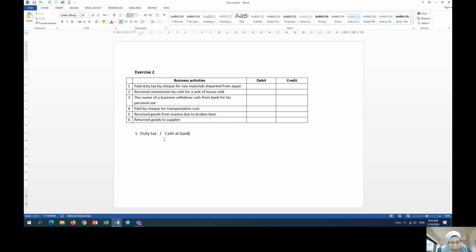When you make this payment of duty tax, your expenses increase, and since you have made the payment via check, your money in the bank is reduced, so cash at bank decrease.